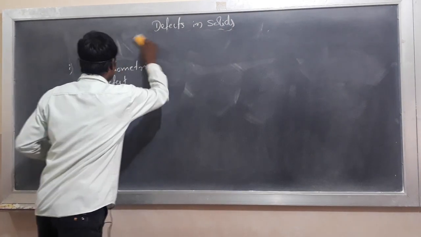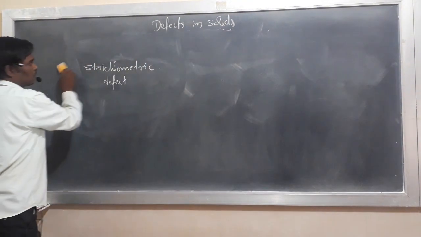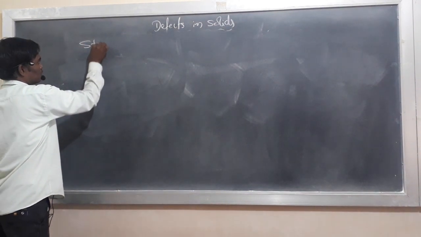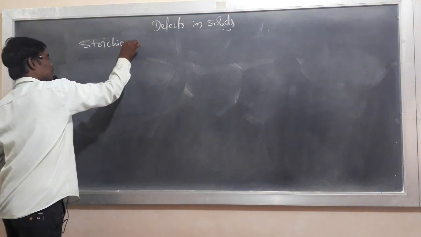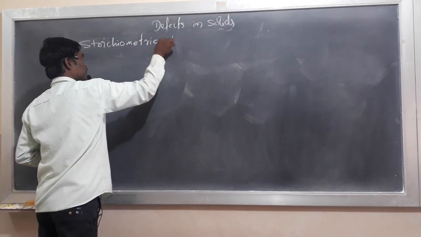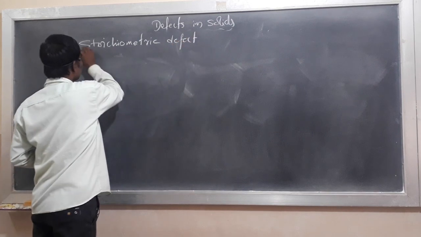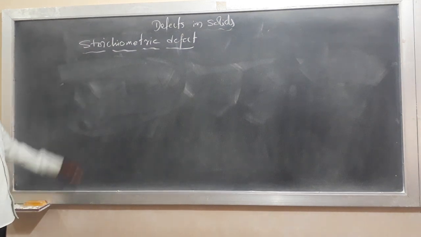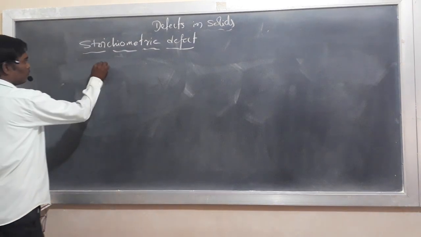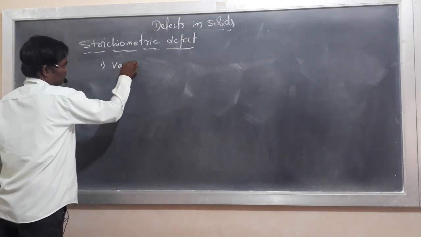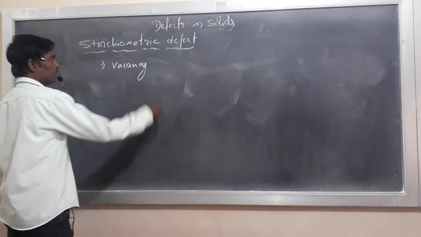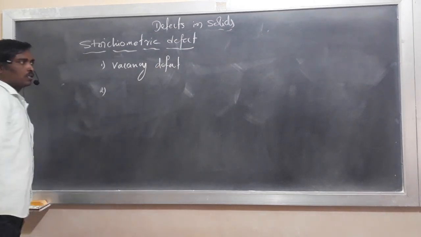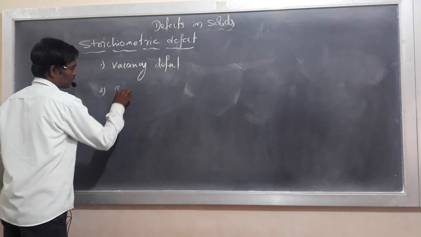Stoichiometric defects are again classified into four types. One is the vacancy defect. Second one is the interstitial defect.